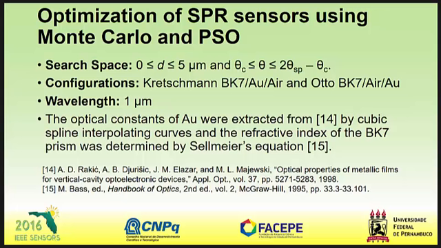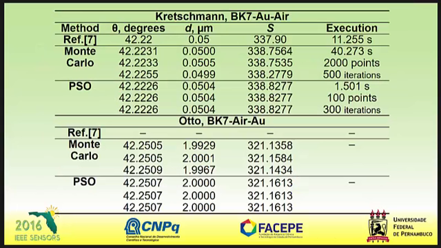We first consider the two configurations, Kretschmann and Otto, using air as the sensing medium and gold for the thin metallic film. And the constants of the materials were extracted from those references. So here in this table, we can see the results of the Monte Carlo and PSO compared with the direct search optimization algorithm.